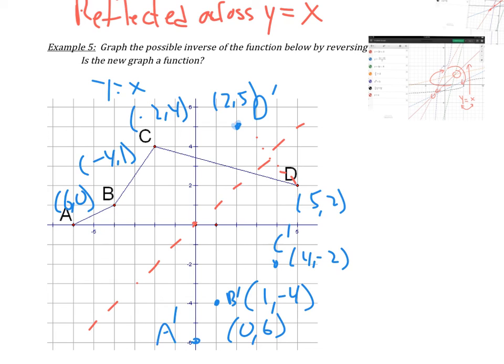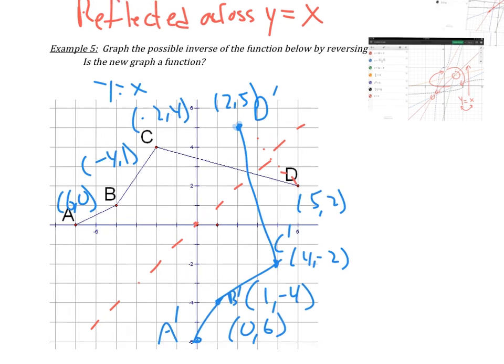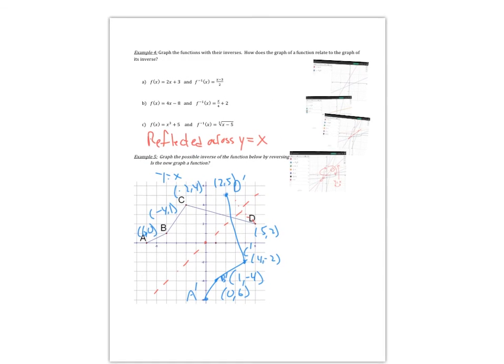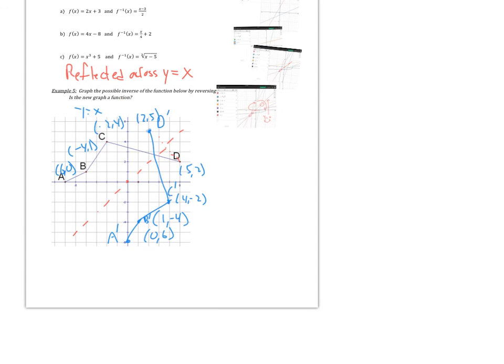A prime. If we connect these, we get our inverse. We can see it's symmetrical, so this side looks just like this side, reflected across the line y equals x, and that's how we graph an inverse.